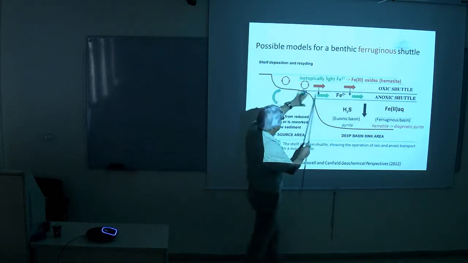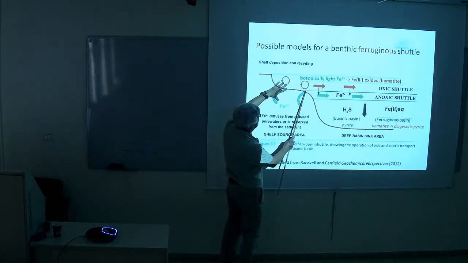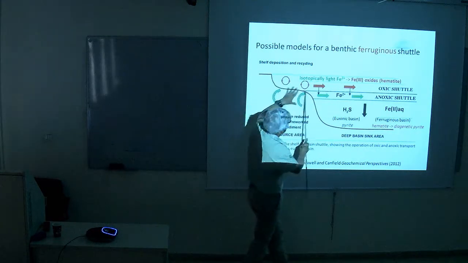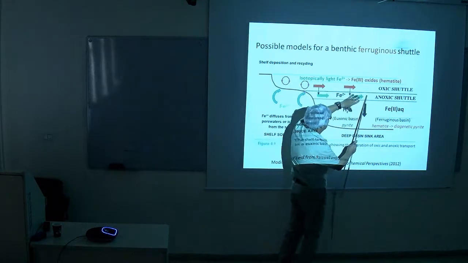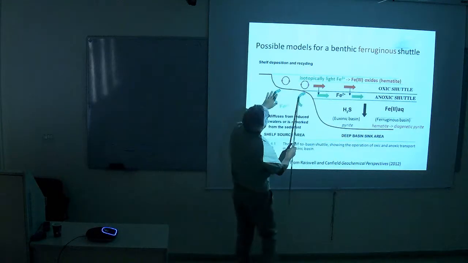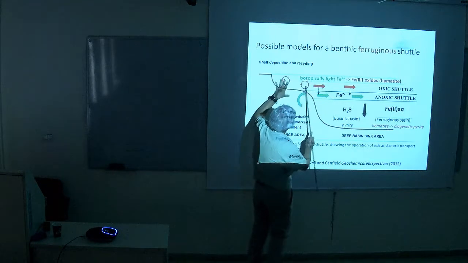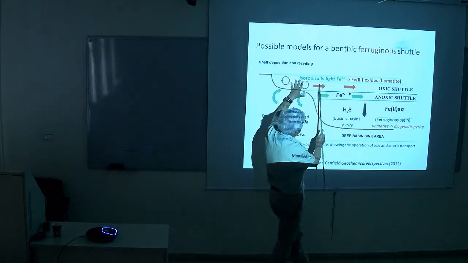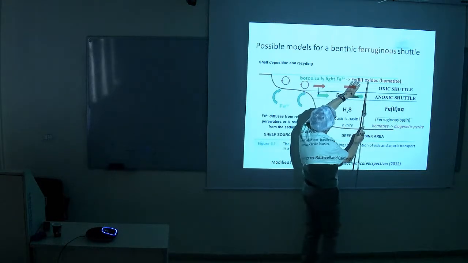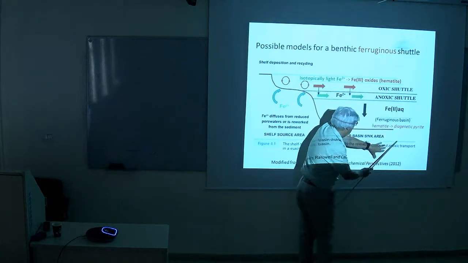The anoxic shuttle, here it's the mobilization of light Fe2+. This can be mobilized directly into the basin under anoxic conditions. Or a lot of this iron will be mobilized into what is called an oxic shuttle, the oxic conditions, where it will be converted into iron 3 oxides, hematite, and these will then descend.